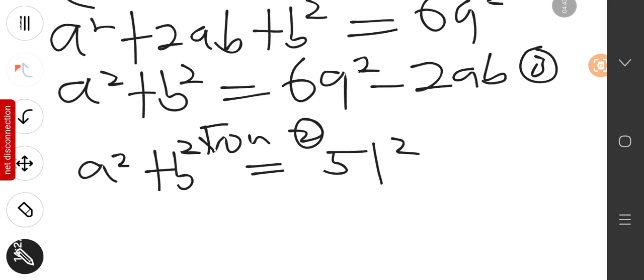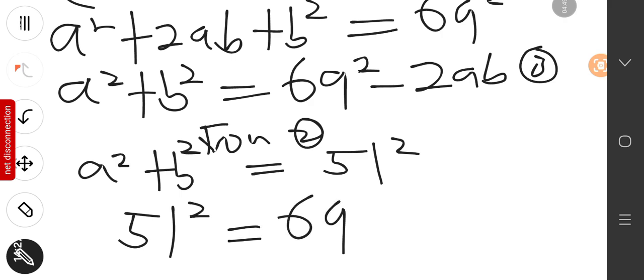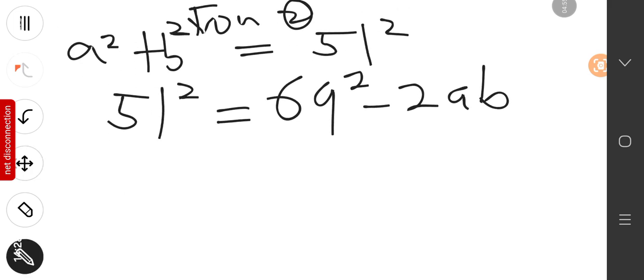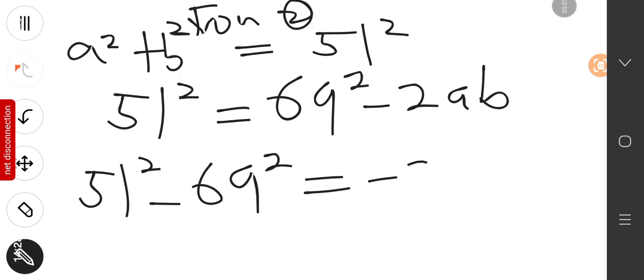So we have 51 squared equals 69 squared minus 2AB, and so 51 squared minus 69 squared equals minus 2AB.